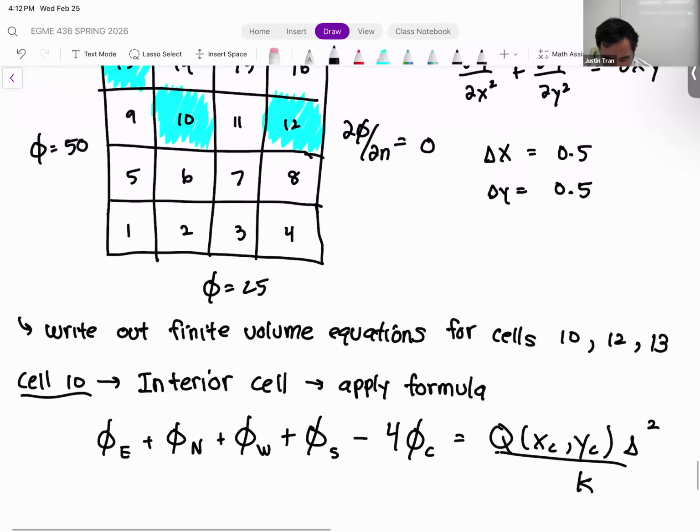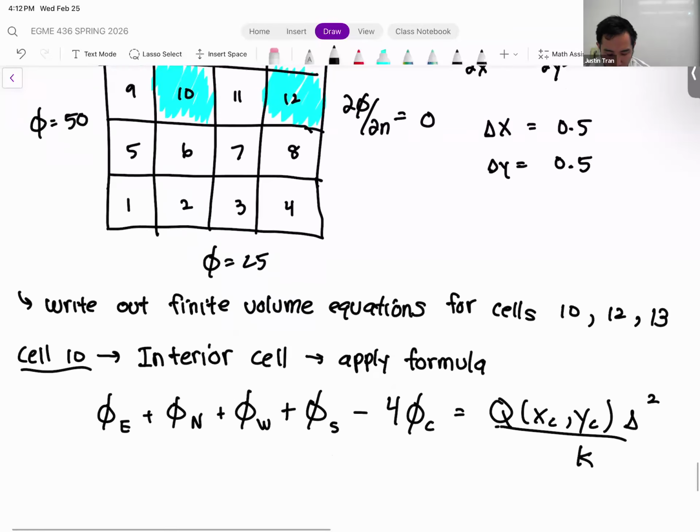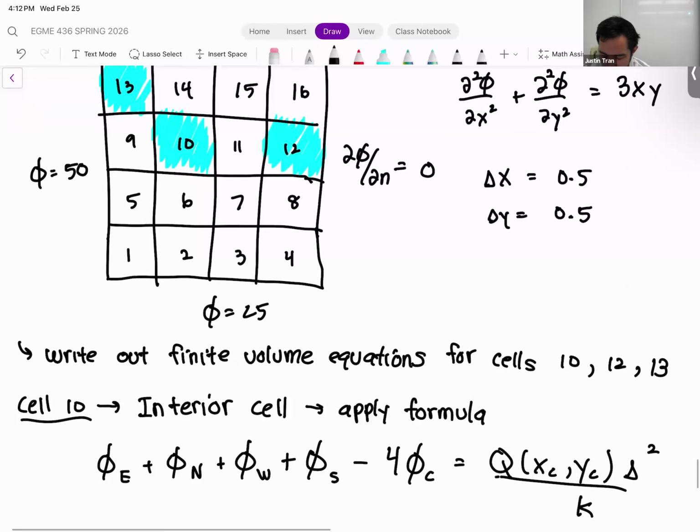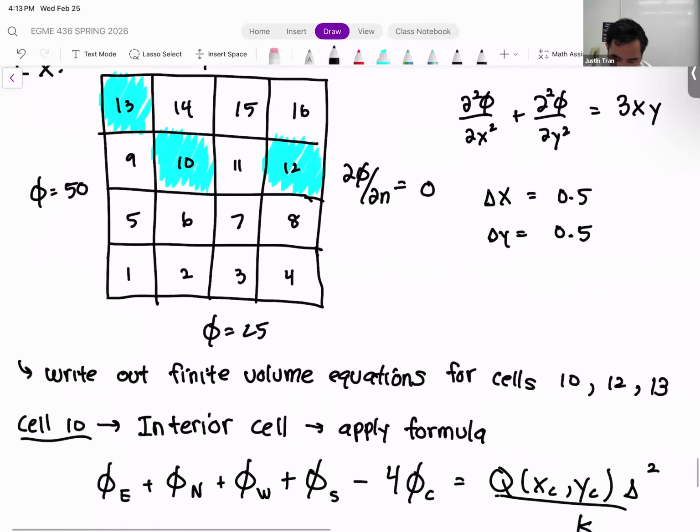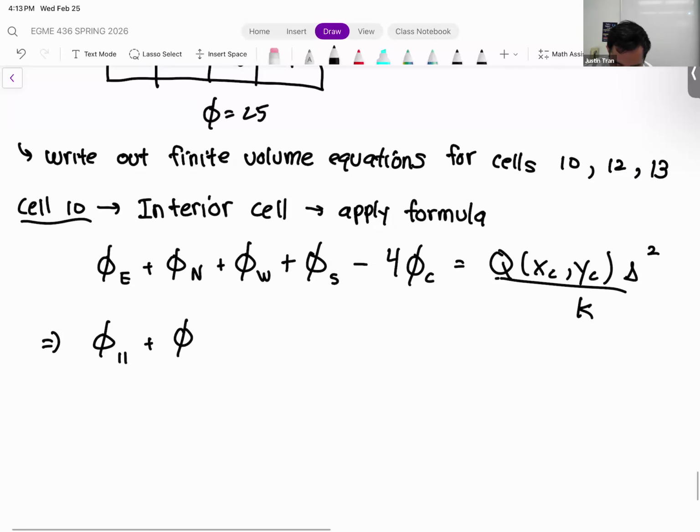Let's note what the east, north, west, and south neighbors are for cell 10. The east neighbor for cell 10 is cell 11, so phi_E is going to be phi 11, plus the north neighbor, which is cell 14, plus the west neighbor, which is cell 9.